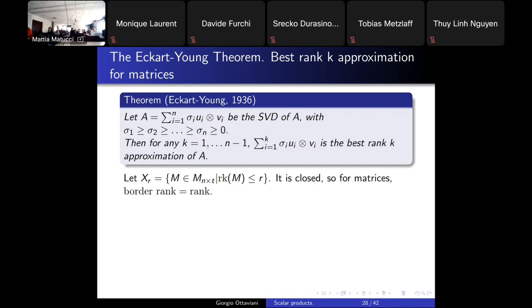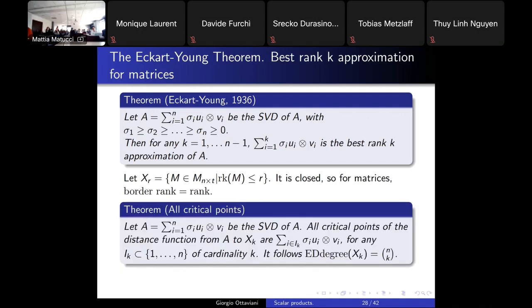This variety is closed, so for matrices, border rank is equal to rank, and all the other critical points are obtained by any subset of k numbers among n, and so the ED degree is just this binomial, n choose k. This is the ED degree of the variety of matrices of bounded rank k, so they are quite mild, you see.